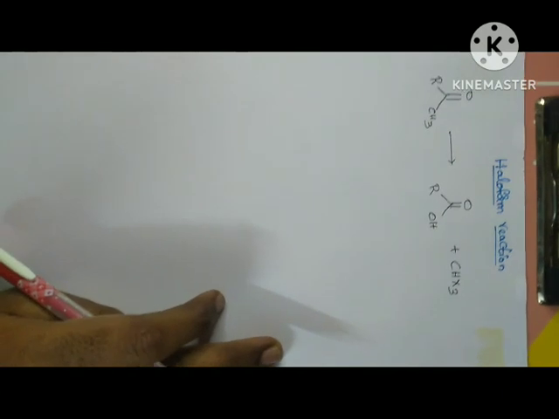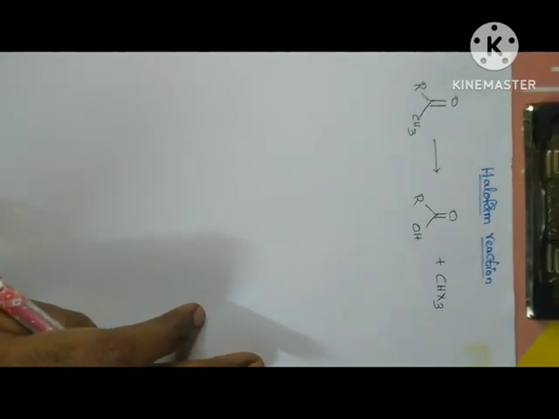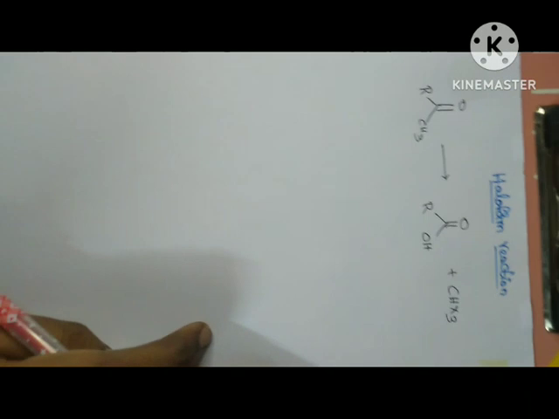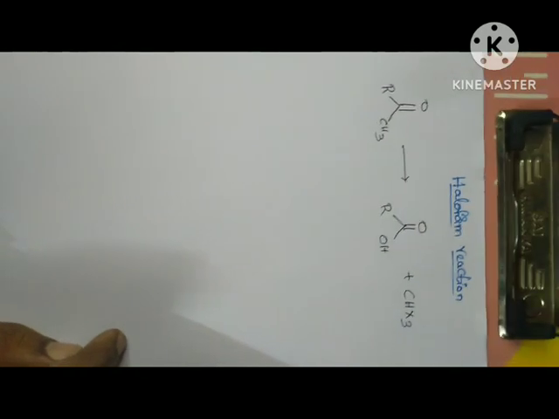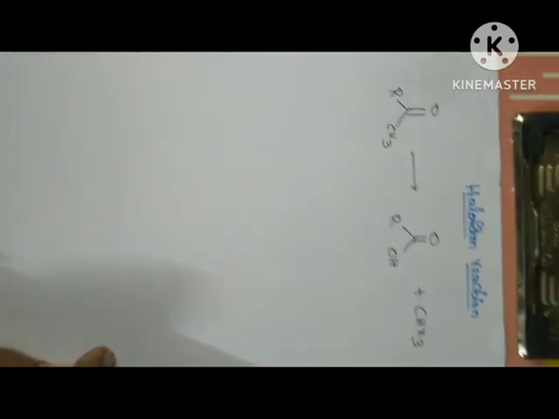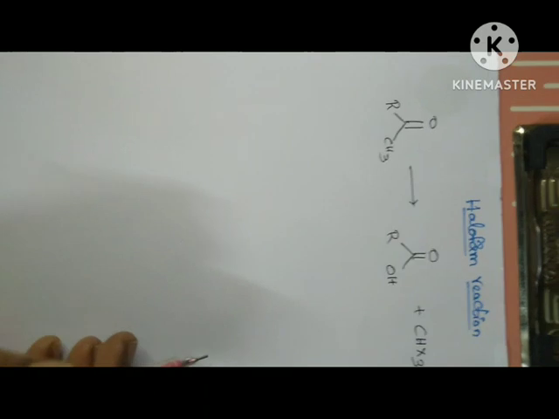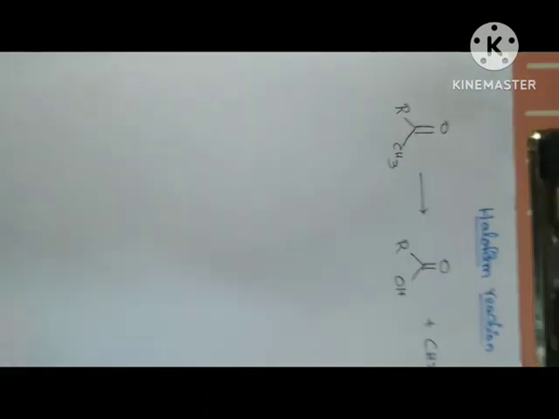Hi friends. First of all, we are going to talk about the haloform reaction. The haloform reaction involves methyl or some other halogen compounds. First of all, we take methyl ketone.